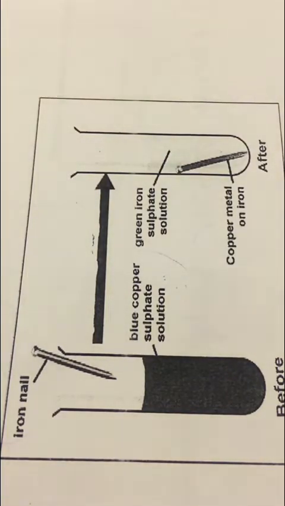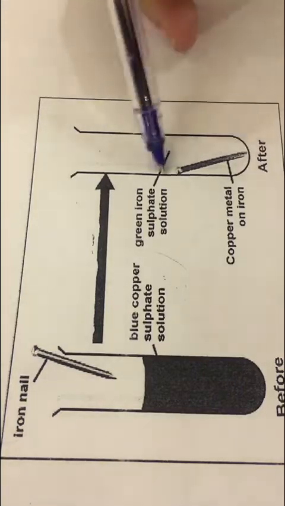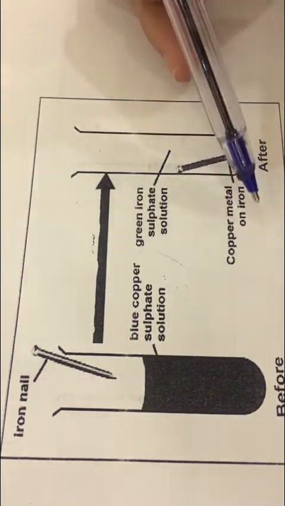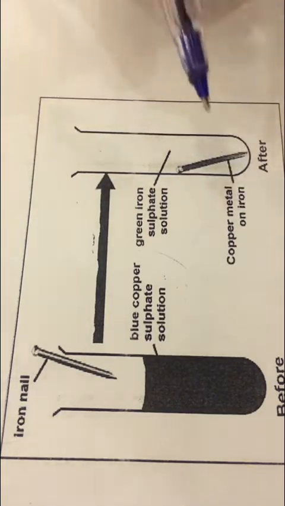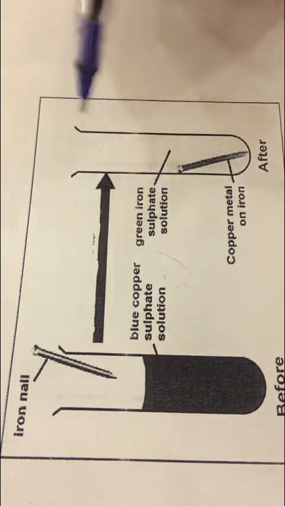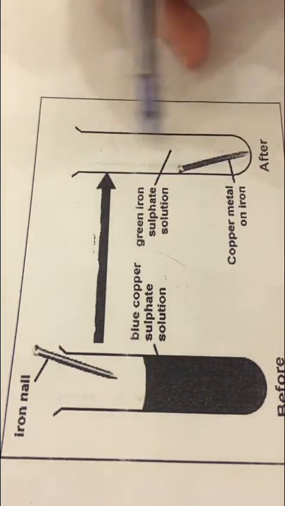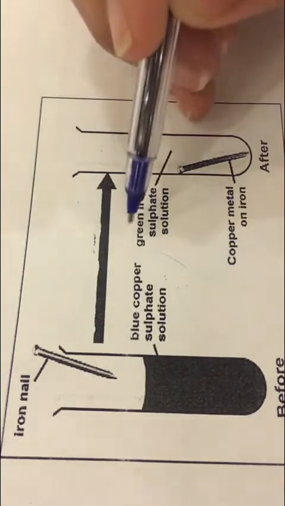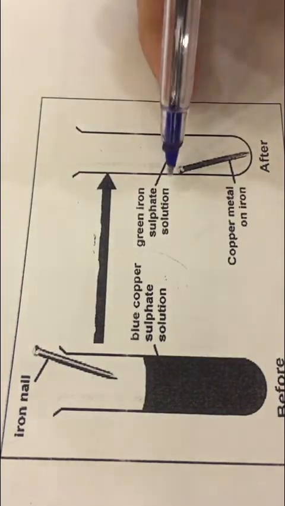But after this, the iron is going to be covered by copper pieces which are reddish or brownish. Okay, and once the blue gets mixed with the pieces of copper which are reddish yellowish, then we will have a green solution.